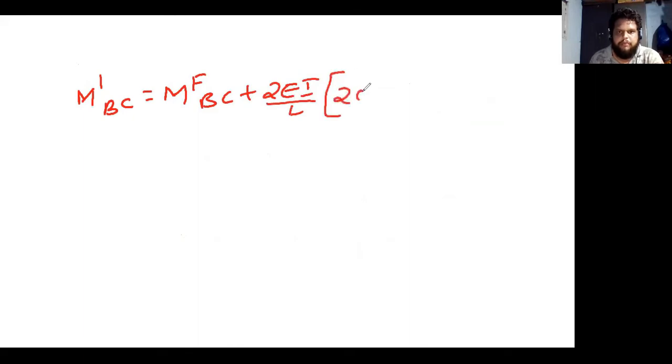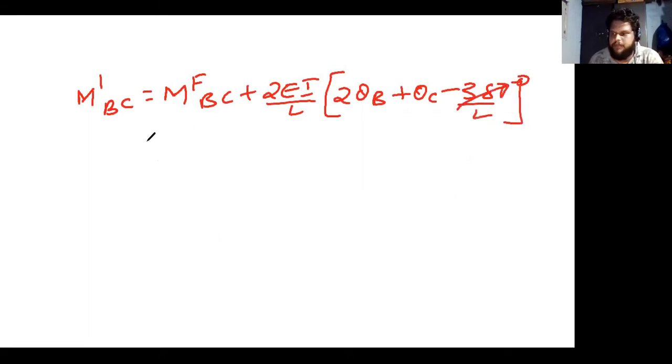So the second span is BC. M dash BC equal to MFBC plus 2 EI by L into 2 theta B plus theta C minus 3 delta by L. Here 3 delta is gone, that is 0.